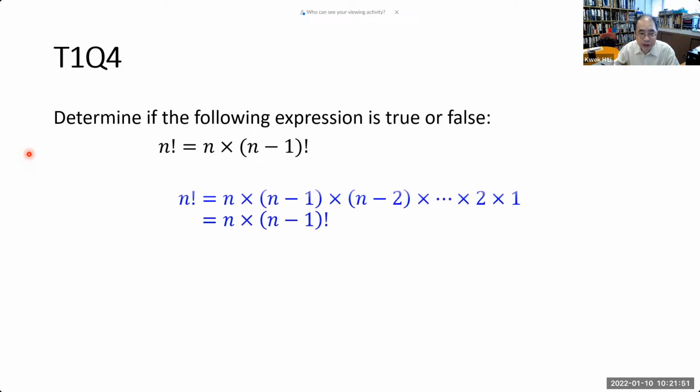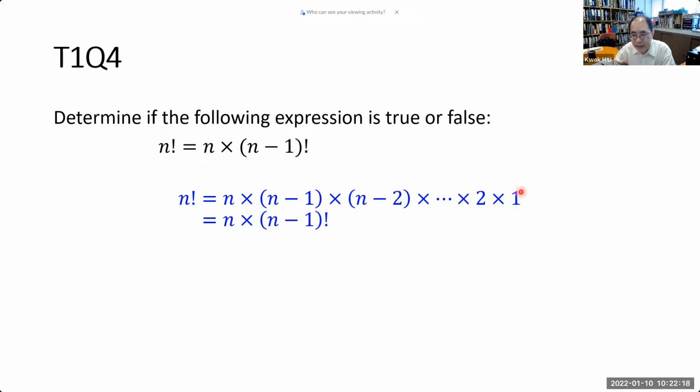Okay, so how do we do it? I do it from the left-hand side. The left-hand side is n factorial. By definition, n factorial is n times n minus 1 times n minus 2 times n minus 3 and so on until 1. But look at the last product here, the n minus 1 term and the product of that.